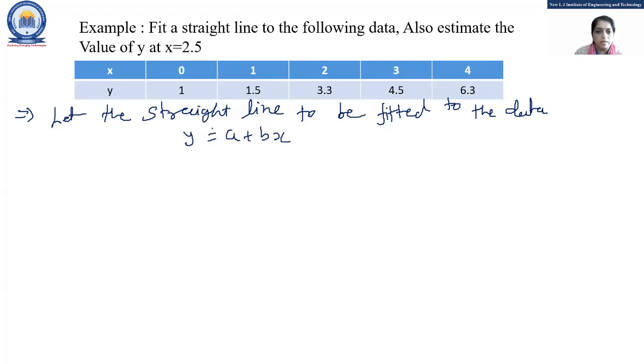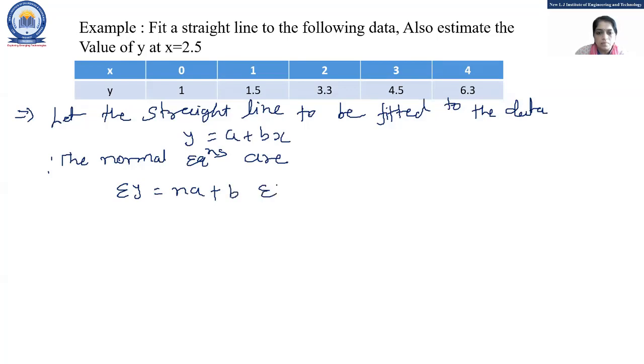So the normal equations are summation y equal to na plus b summation x, and summation xy is equal to a summation x plus b summation x square.